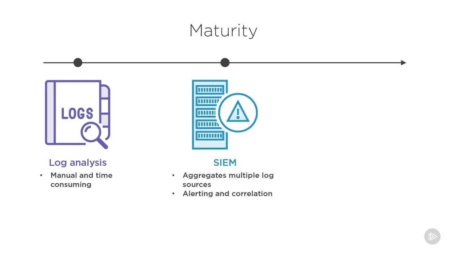The next evolutionary step was also enabled by log aggregation capabilities, and this is one of the strong points of the SIEM. It aggregates multiple log sources, and on top of that, based on rules and queries, it can generate alerts which security analysts can further pursue to establish the root cause.